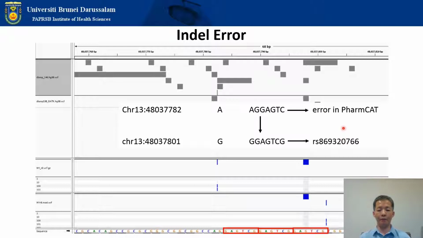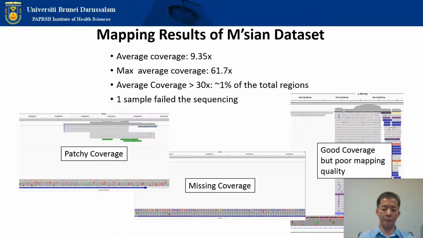So we believe there might be a different way of looking at it between GATK and FunCat, probably due to the different versions of dbSNP that they use. Anyway, we managed to resolve that problem.